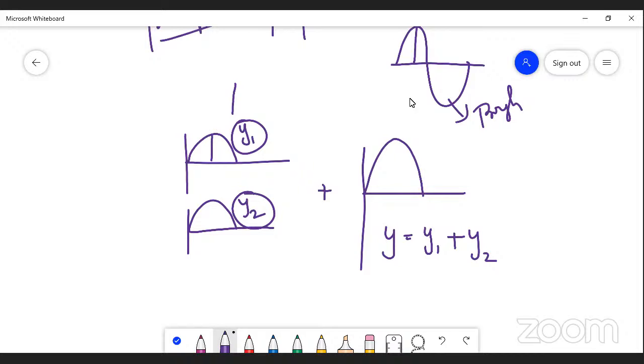I want to calculate the amplitude: this amplitude is A1, this amplitude is A2. The resultant amplitude is A equal to A1 plus A2.